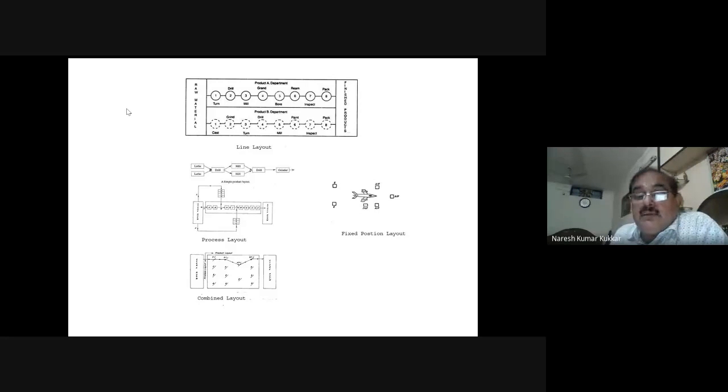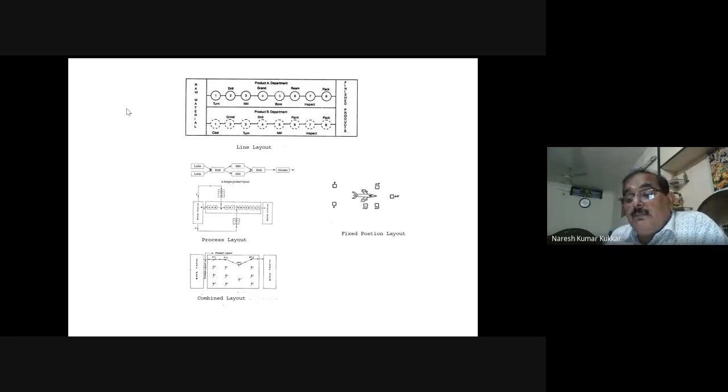And for fixed position basis, your product is totally fixed, and all work or things will go toward that product, like making of airplanes, where you cannot move the product. In the aeroplane industry, you cannot move the product. The aeroplane is fixed.